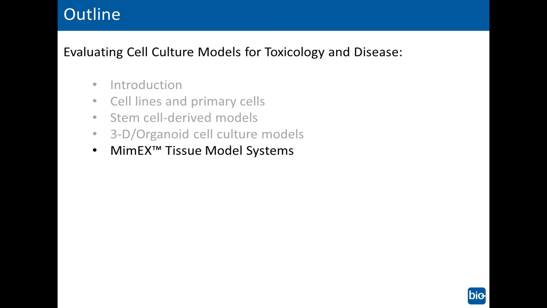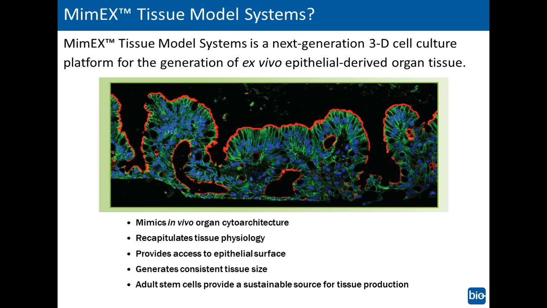So this brings me to the MimEX Tissue Model System, which we've been developing based on work by Hua Zhang and Frank McKeon at the University of Houston, whom we licensed this technology from. And it really builds upon the advancements of organoids, but provides an accessible, easy-to-use tissue system. So it's an ALI-based system, and it's a 3D culture system on 2D.